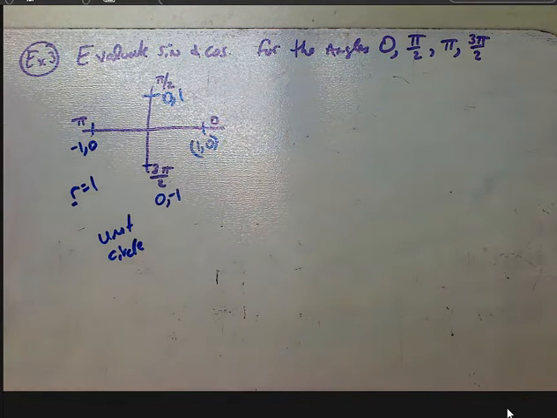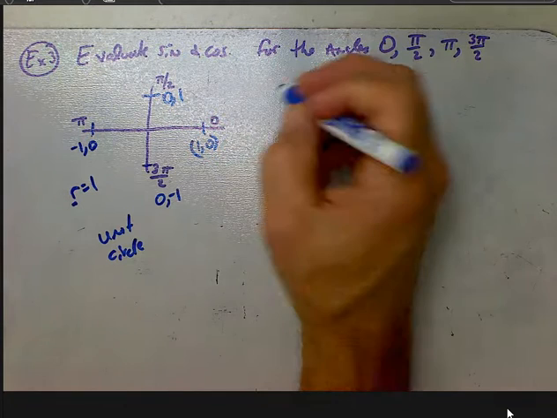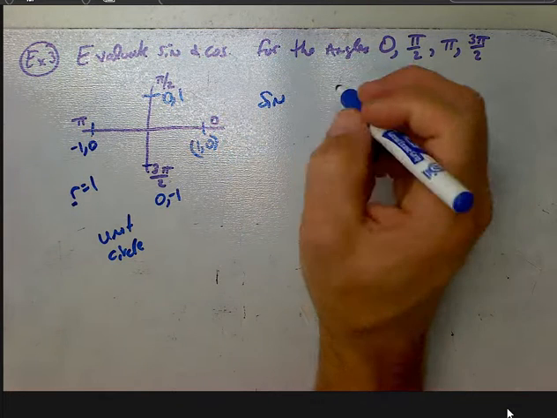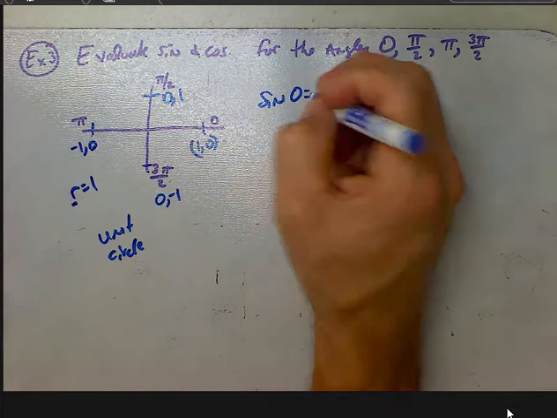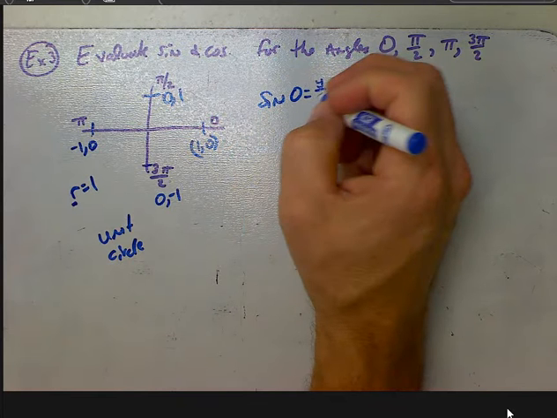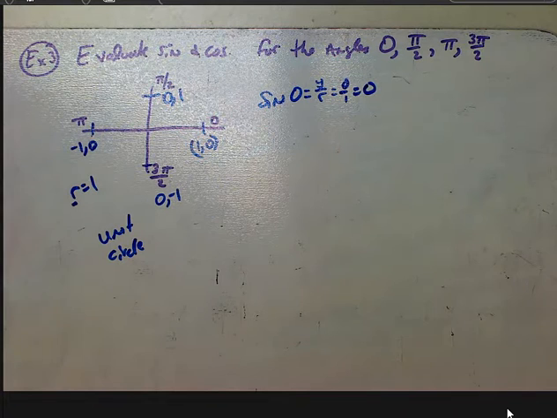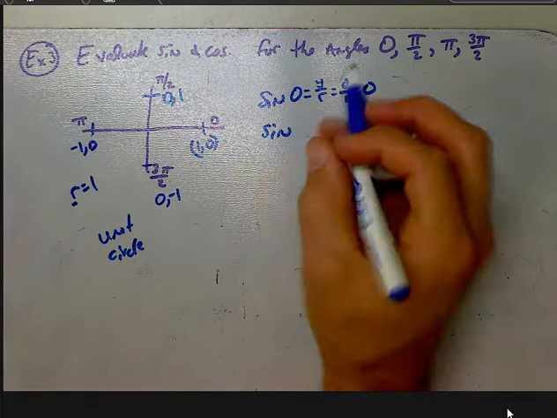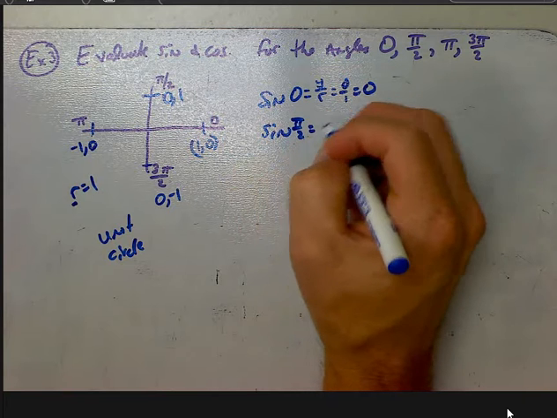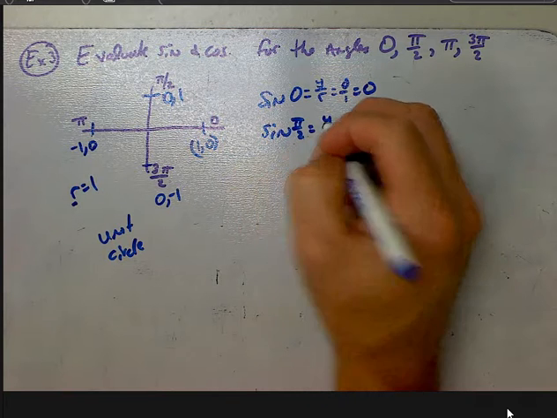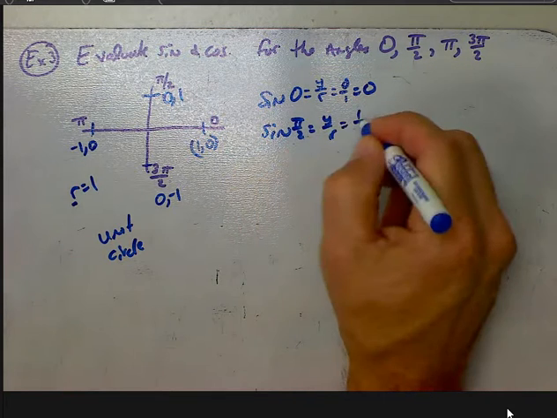So now I just find sine and cosine for everything. The sine of 0, which is y over r, well, y is 0, so the sine of 0 is 0. The sine of pi over 2, again, y over r. The y value is 1, so that's 1 over 1, so the sine of pi over 2 is 1.